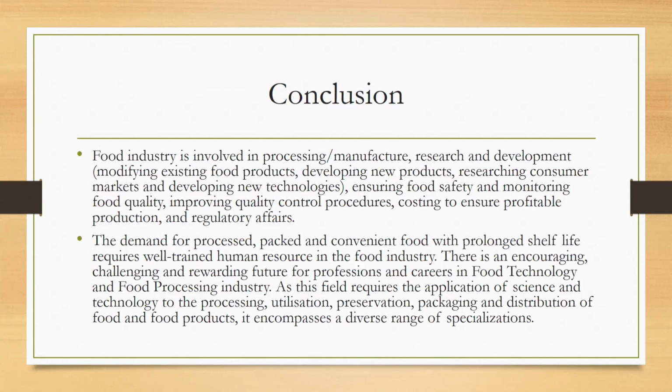There is an encouraging challenge and rewarding future for professionals and careers in food technology and the food processing industry, as this field requires the application of science and technology to the processing, utilization, preservation, packaging, and distribution of food and food products, and encompasses a diverse range of specializations.